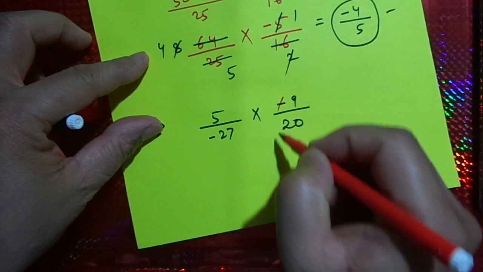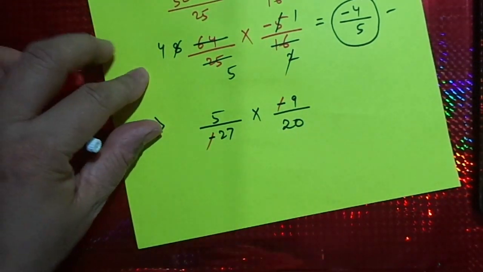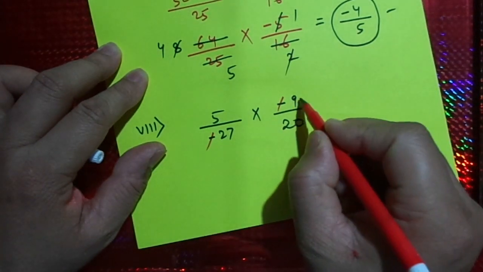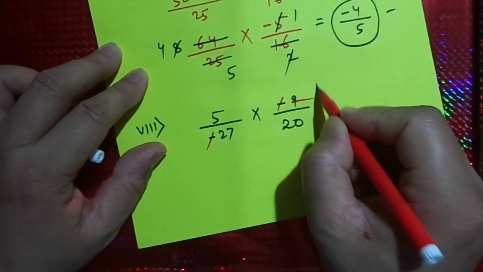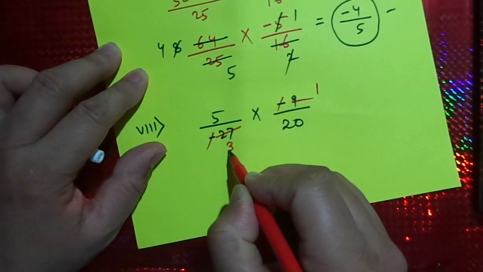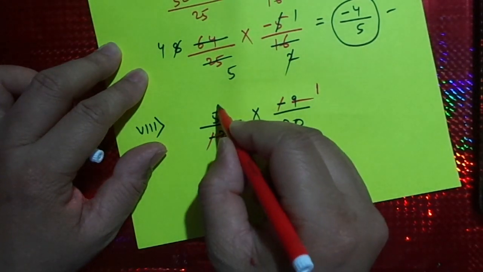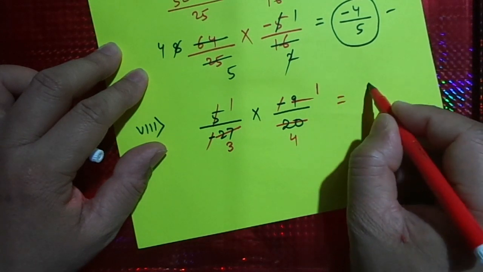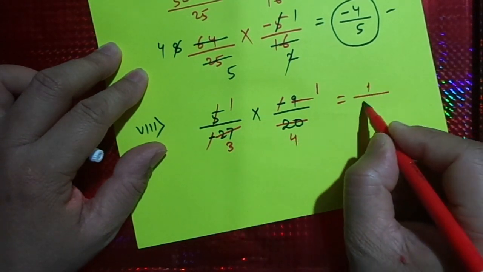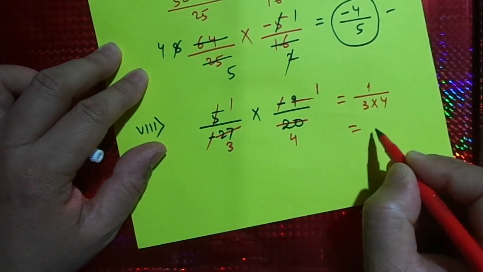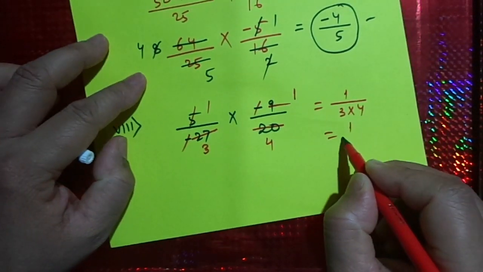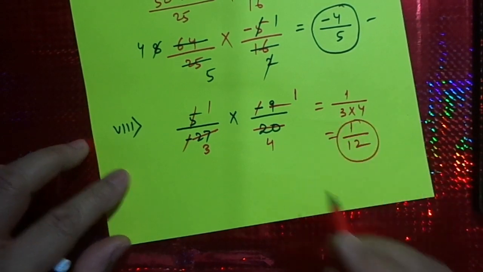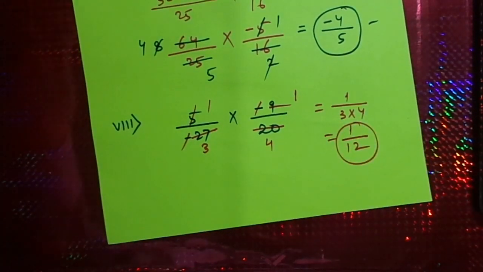If you can get the benefit of cancellation, these two numbers, as you can see, can get cancelled with 9 1 times and 9 3 times 27, 5 1 times, 5 4 times. So we have 1 by 3 times 4 is equal to 1 by 12. Where lies the problem? There is no problem at all, isn't it?